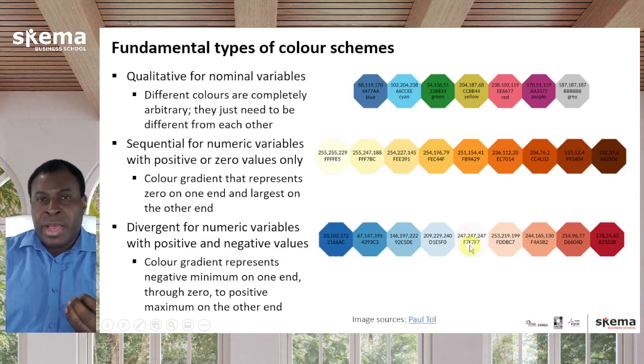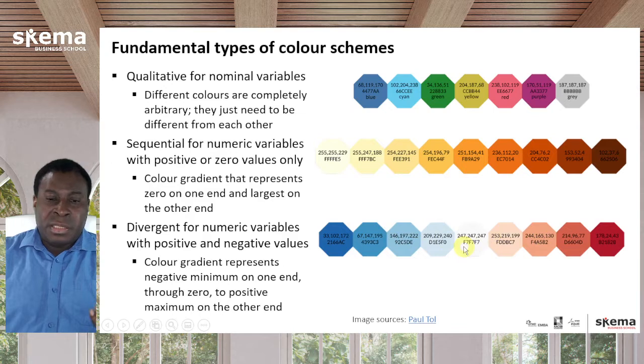But in the middle, you have a light color that is clearly distinct from the two ends, and then you have a sequential gradient from the middle light color to one end, another sequential gradient from the middle light color to the other end. And here, white is a middle color, or a color close to white, but it might be a neutral color like purple that blends the two.